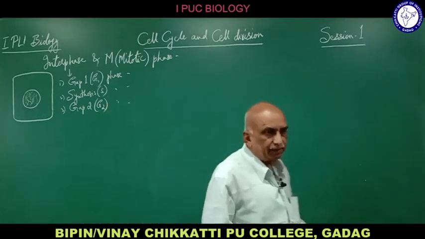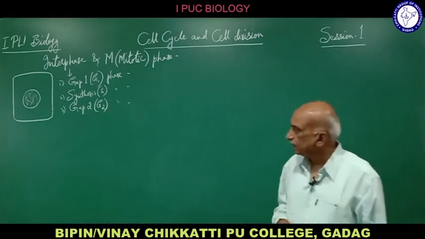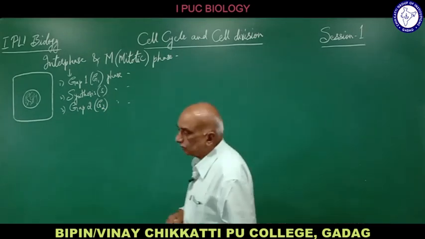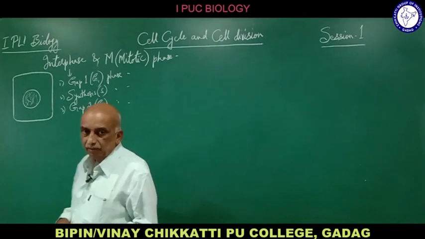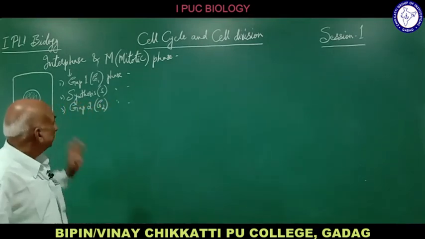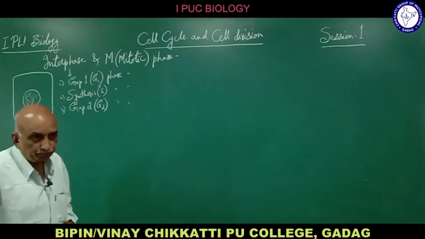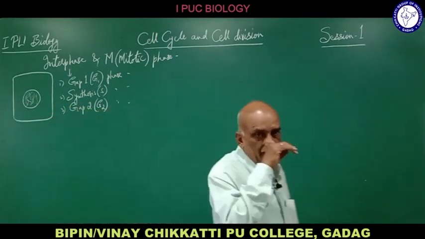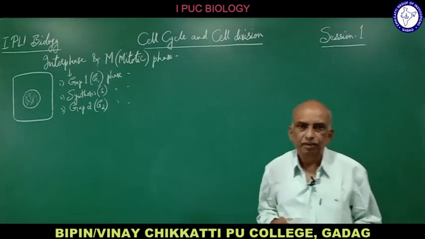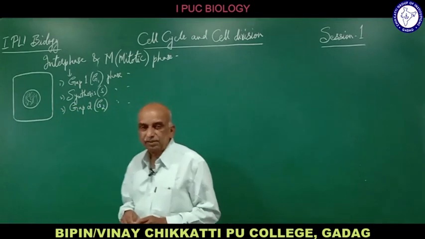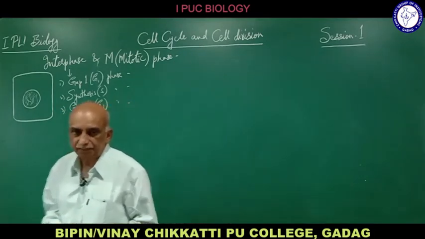So in the cytoplasm, the DNA will increase and the centrioles become double in number. That is the synthesis phase. There is no RNA synthesis, no protein synthesis. There is only DNA. That is the synthesis phase, the second phase.